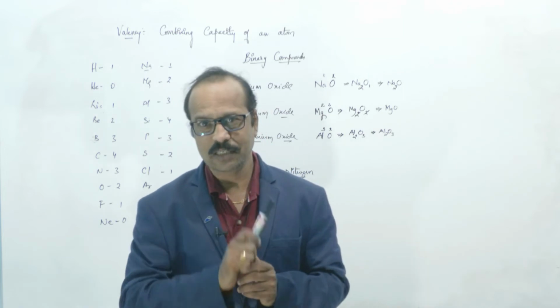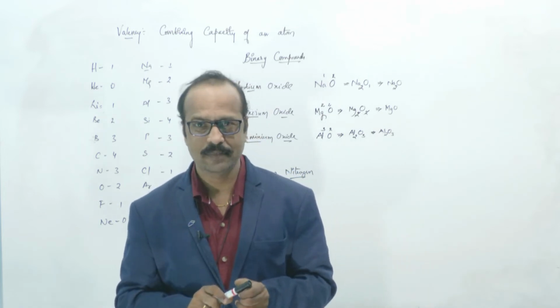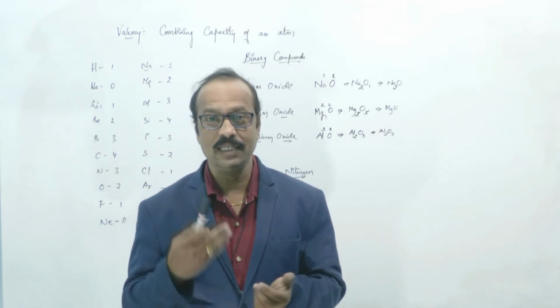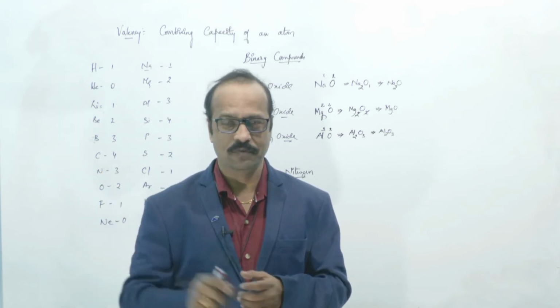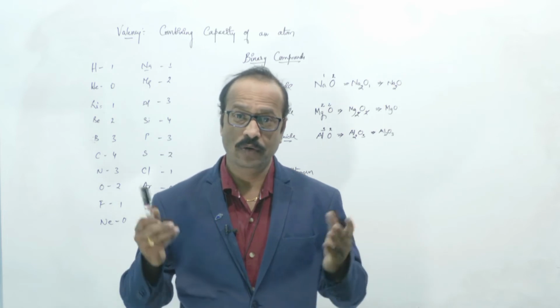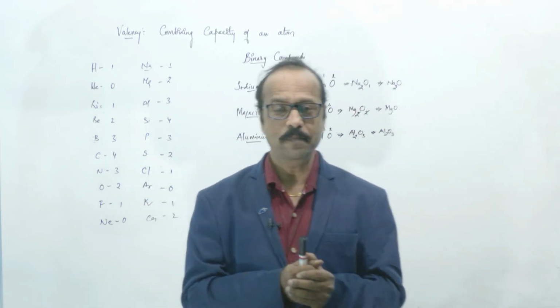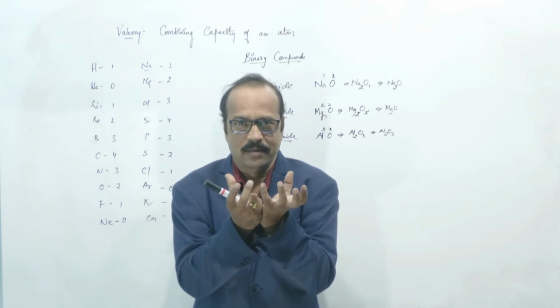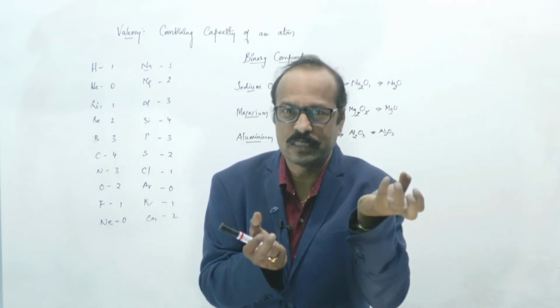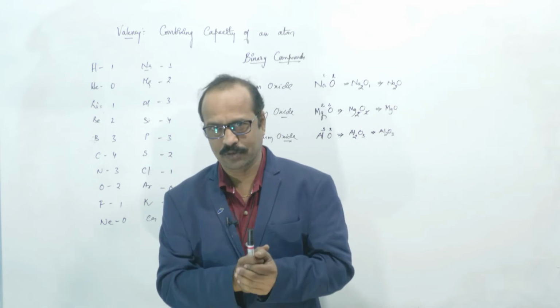In that, oxygen is present nearly 21% and nitrogen nearly 78%, and the remaining 1% is other gases. So nitrogen and oxygen are the main components of air. So when magnesium is burned in air, some of the magnesium may react with the oxygen, some of the magnesium may react with the nitrogen, right?